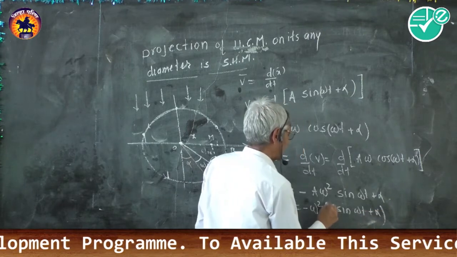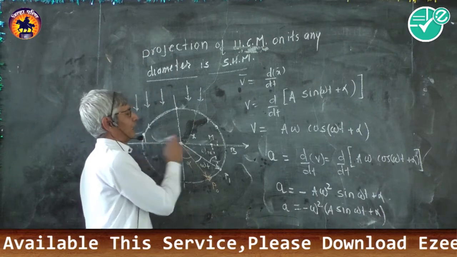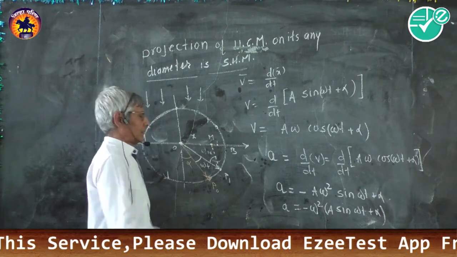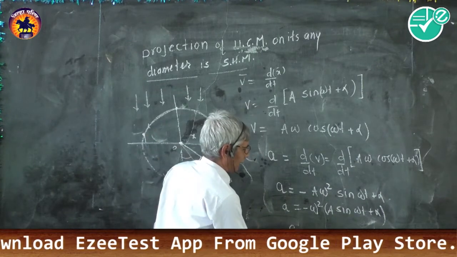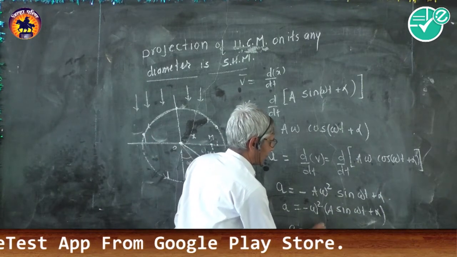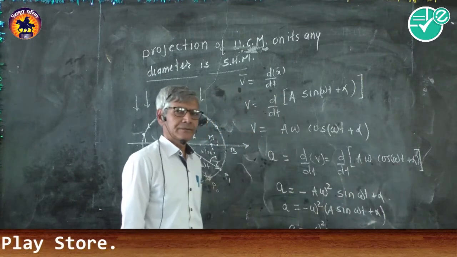This is the instantaneous linear acceleration of the object which is supposed to be moving around the diameter, or it is the instantaneous linear acceleration of the projection. So a is equal to minus omega square, and the bracketed term represents the instantaneous displacement x.